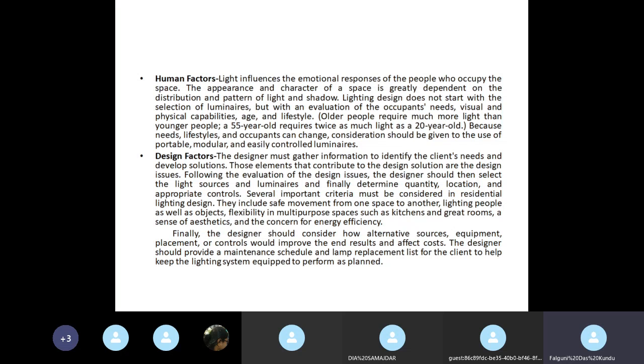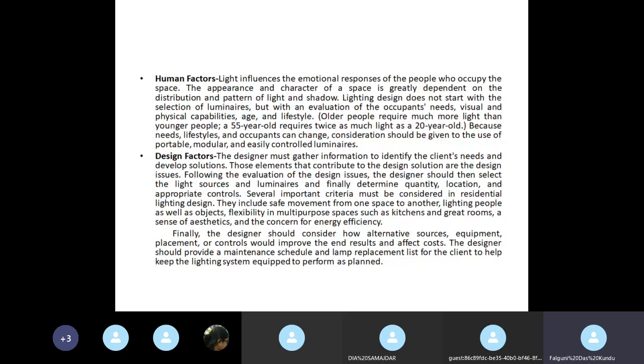So older people require much more light than the younger people, because in case of the older people, the capability of the eye becomes reduced. So a 55-year-old requires twice as much light as a 20-year-old. Because needs, lifestyles and occupants can change, consideration should be given to the use of portable, modular and easily controlled luminaires.